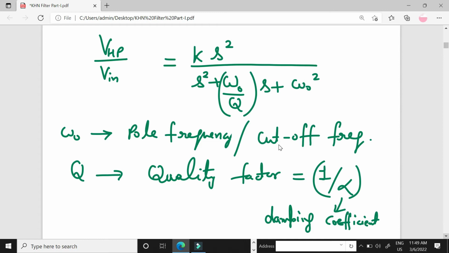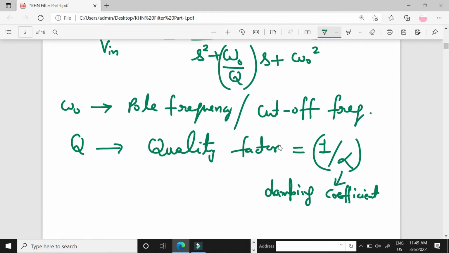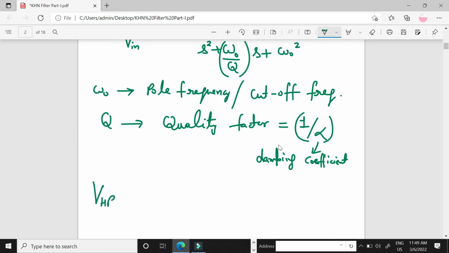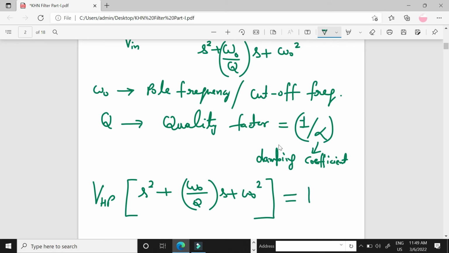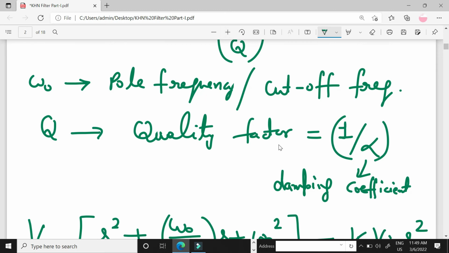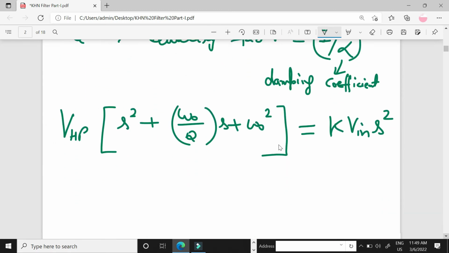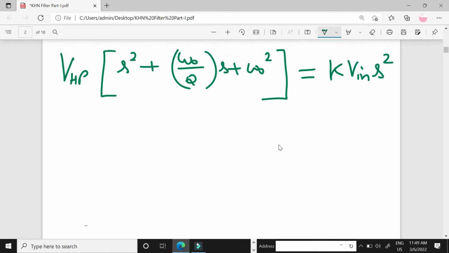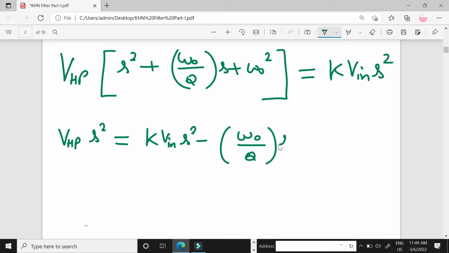Can we write it as VHP by taking simple LCM? VHP times S square plus omega naught by Q S plus omega naught square is equal to K times Vin into S square. Now VHP S square is equal to K Vin S square minus omega naught by Q into S minus omega naught square into VHP.